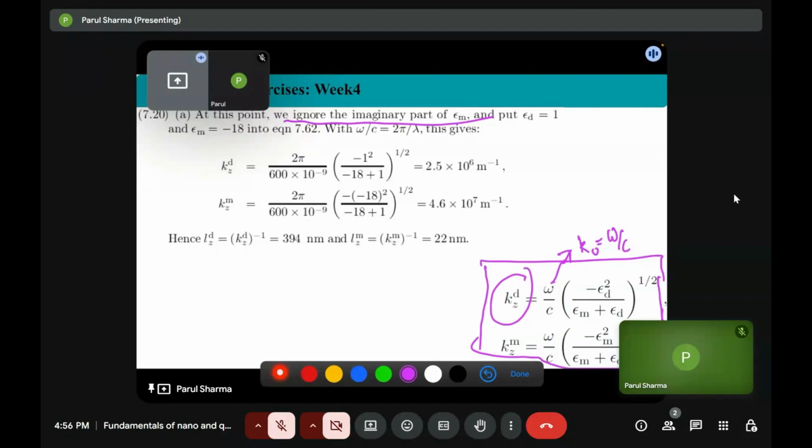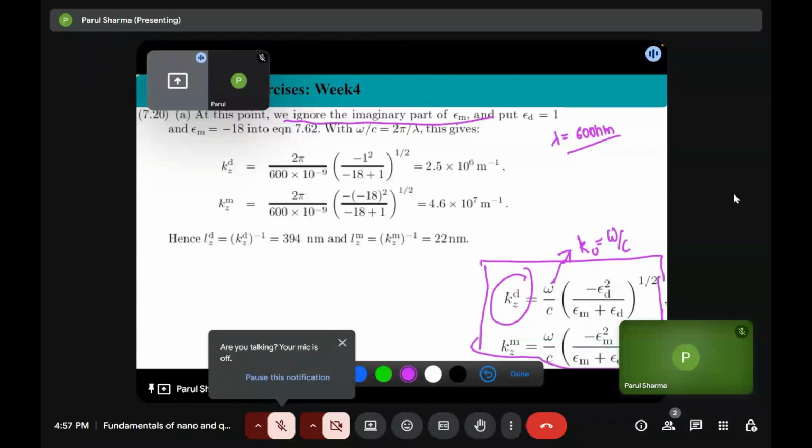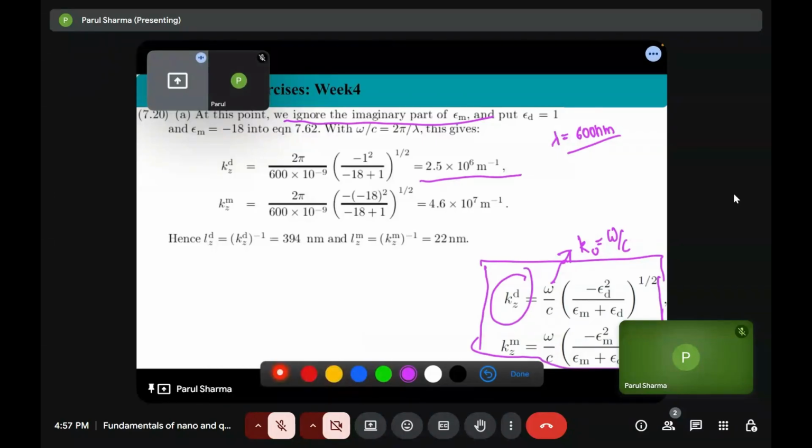Lambda is given as 600 nanometer, and c will cancel. 2 pi by lambda, we will substitute the value of epsilon d and epsilon m, so we will get 2.5 times 10 to the power 6 per meter. Similarly, we can calculate for the metal also. Since epsilon m equals minus 18, we will substitute that value.